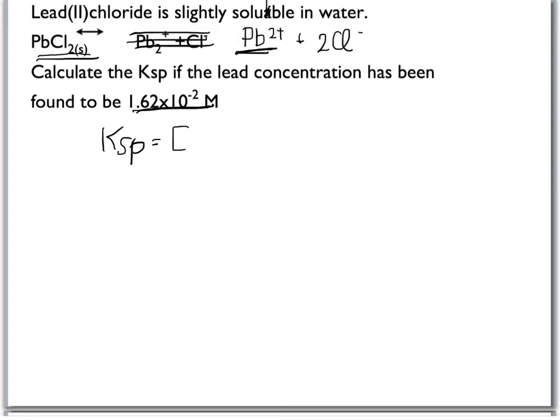So we have the concentration of the lead times the concentration of the chloride ion squared. If the concentration of lead is given to us as 1.62, then we can figure out what the KSP is going to be.